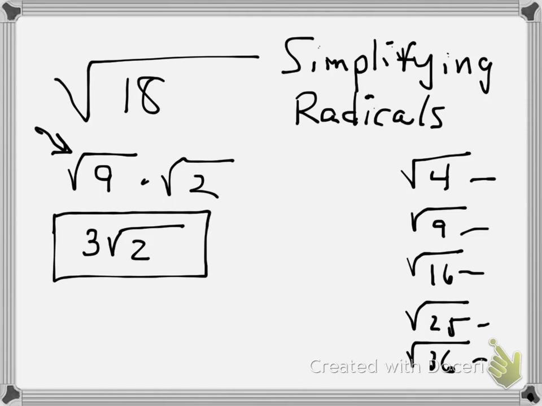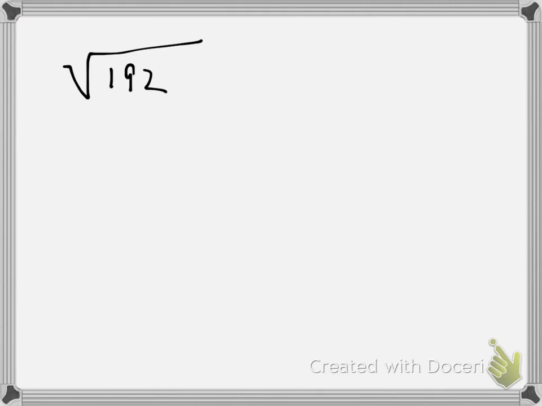So I'll give you another example that's a little bit bigger that we've got to do a little more digging with. This one right here, square root of 192, or radical 192. I have to look, do I have any perfect square factors that go into this? Usually, if it's a big number like this, I start by asking, can 4 go into it?